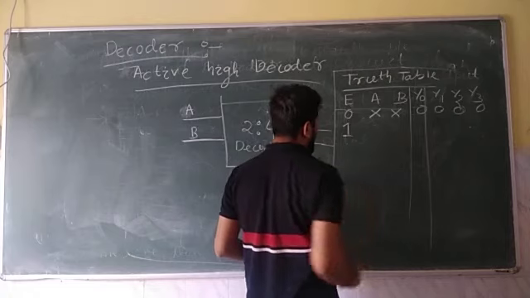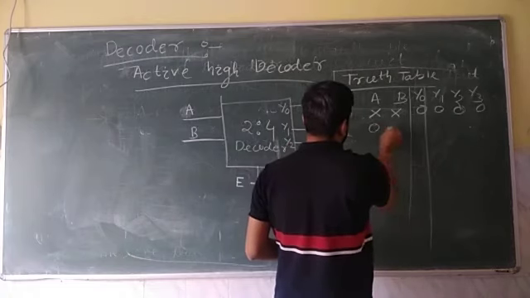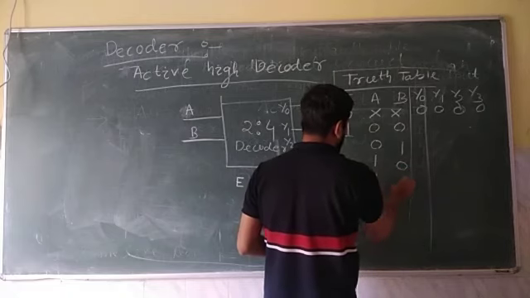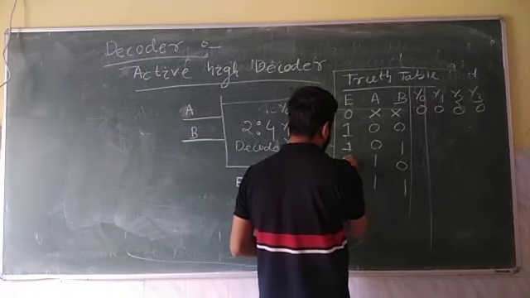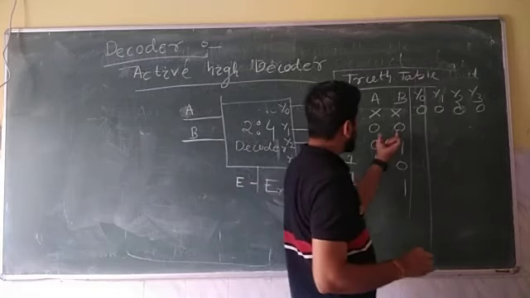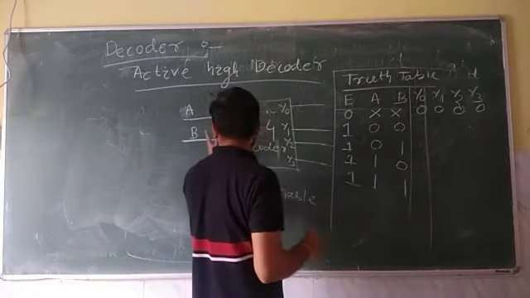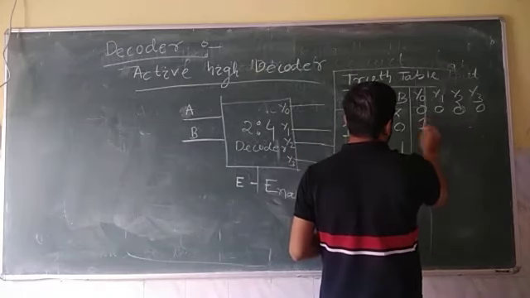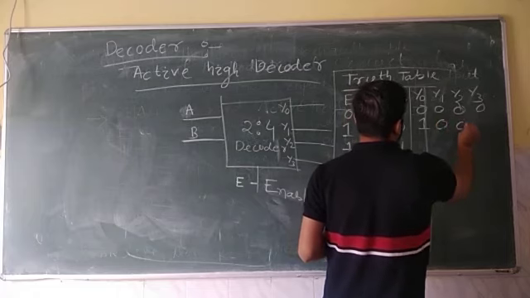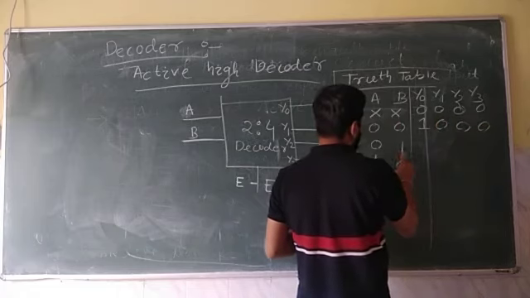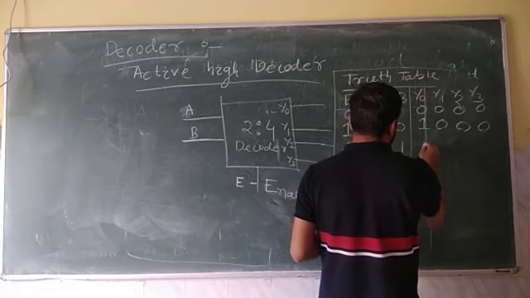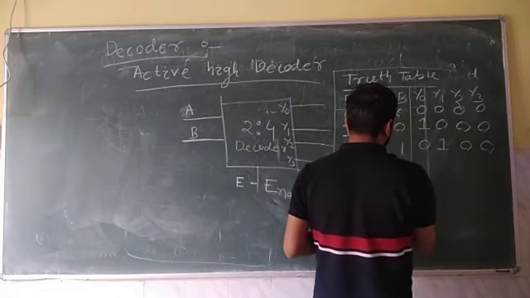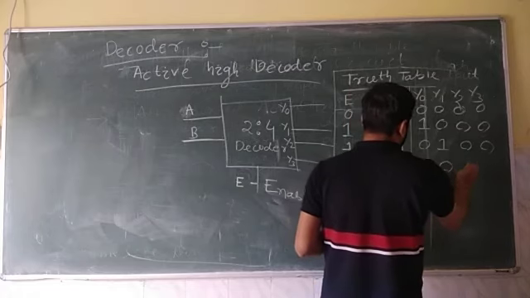When enable is high, the inputs are 0 0, 0 1, 1 0 and 1 1. When AB is 0 0, Y0 is connected to the output, so Y0 will be 1 and the remaining outputs are 0. When it is 0 1, Y0 is 0 but Y1 is 1. For 1 0, Y2 is 1.